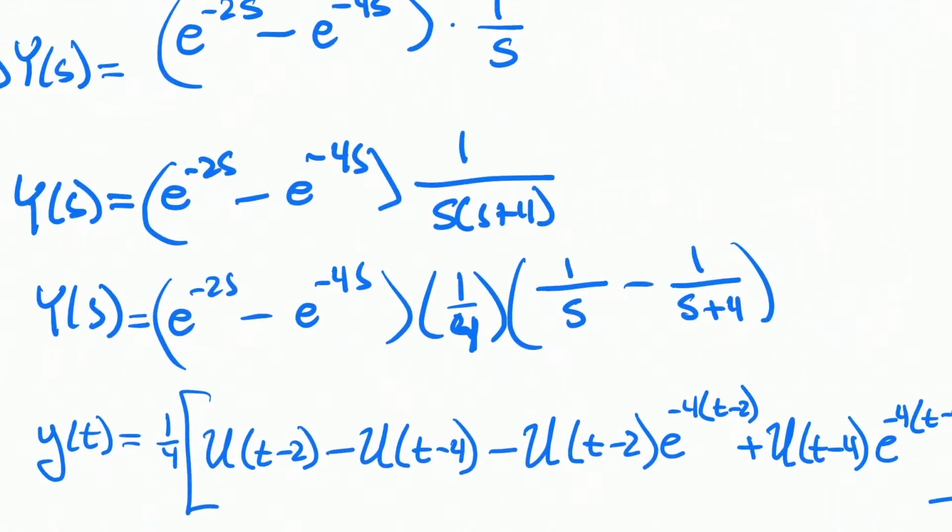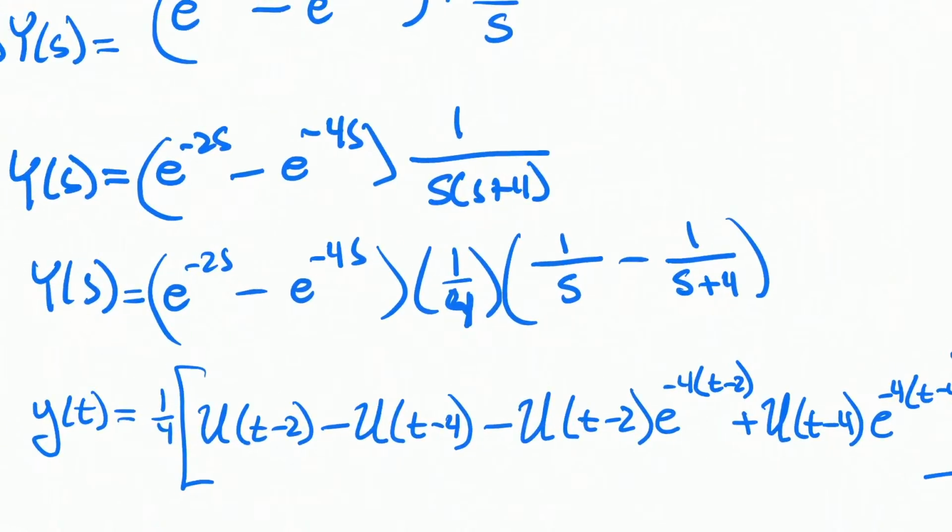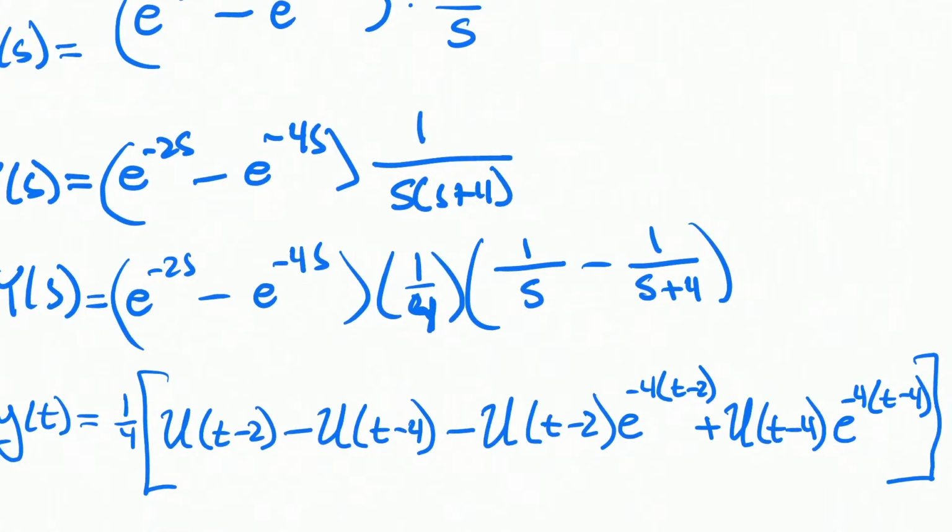Oh, wait a minute, I skipped another step. I should have done the FOIL. There's the 1/4, and then you've got e to the negative 2s over s, e to the negative 4s over s, and then this is the s plus 4 thing. Is that okay? Good enough? Okay, we're moving on.